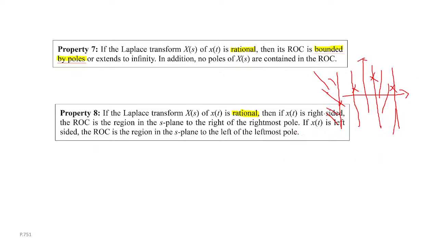Or if your x(t) is left-sided, then you also need to extend to infinity on the left, so it needs to be on the edge of the leftmost pole and extend all the way to the left infinity. So any questions about the properties of ROC?